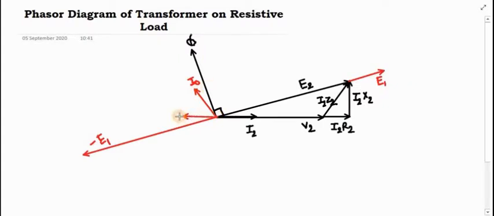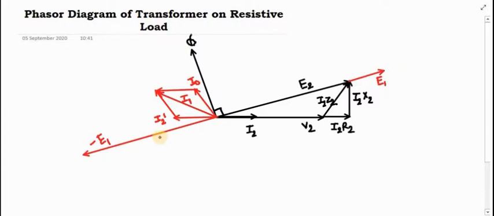I2 dash is nothing but the load component of your primary current, which is equal and opposite to your I2. So this is your I2 dash. The vector sum of I2 dash and I naught is I1.